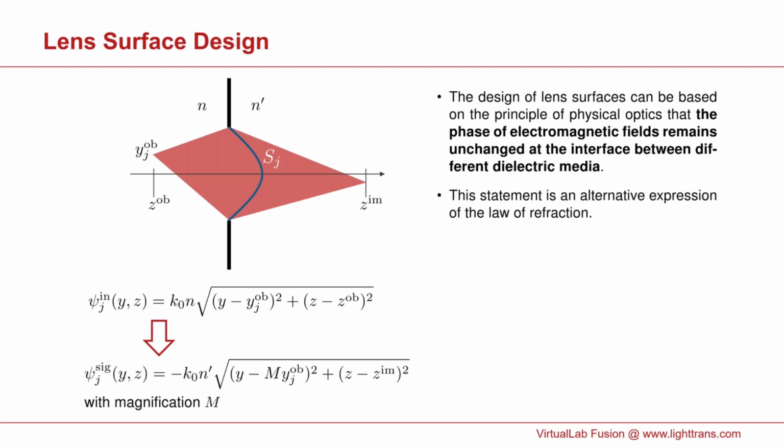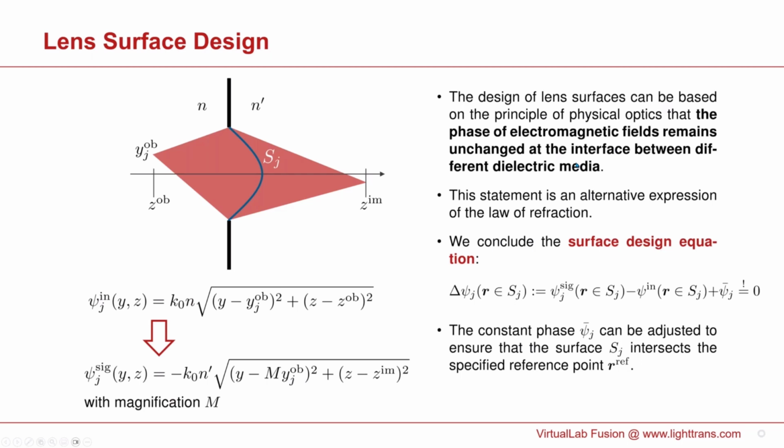This statement, by the way, is an alternative expression of the law of refraction, but in this form it enables a very elegant surface design equation, which simply states that the phase difference between the desired input, or incoming, and the desired output should be zero on the surface besides a constant psi bar, and this constant can be adjusted to ensure that the surface we design by this equation intersects the specified reference point ref, for example, here to meet the stop.